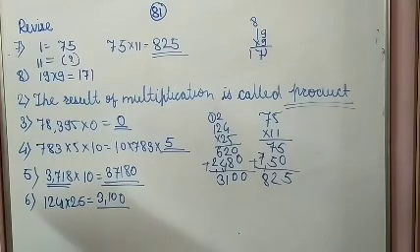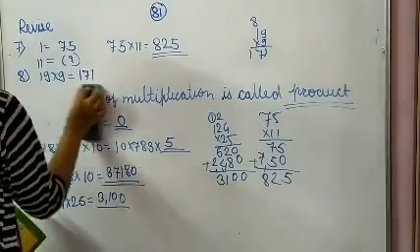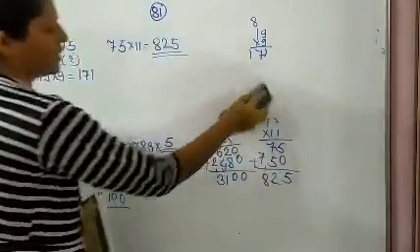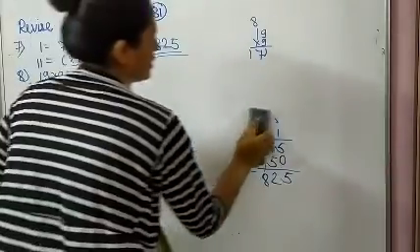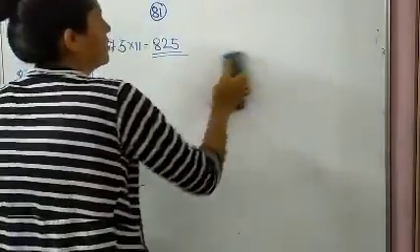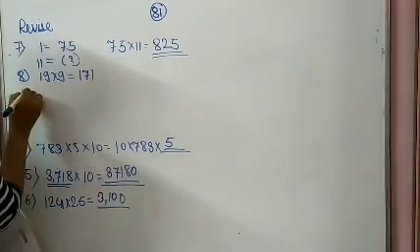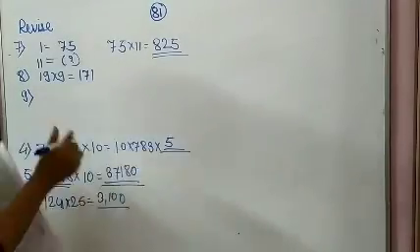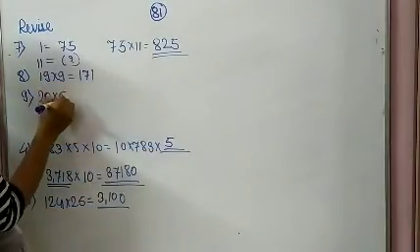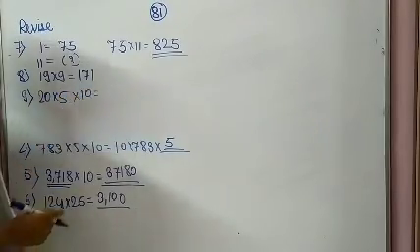Then next, what is the next given? That is the 9th one. This one is for your understanding. What is given? 20 into 5 into 10.